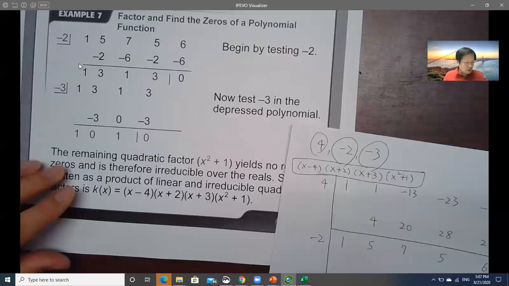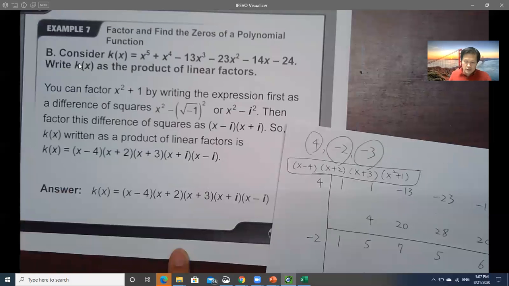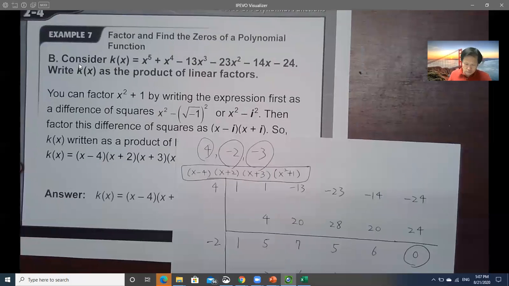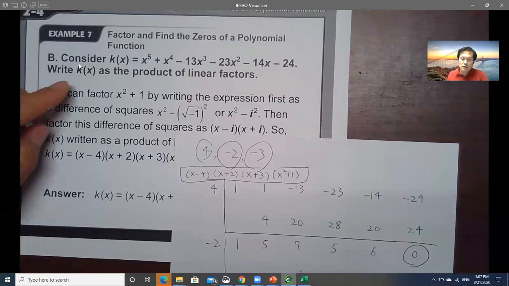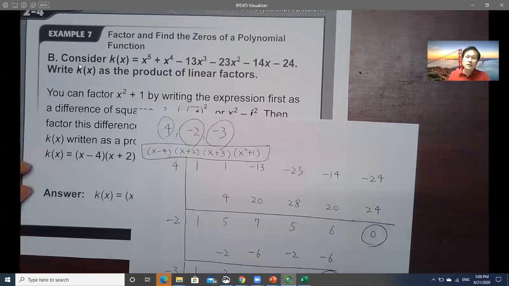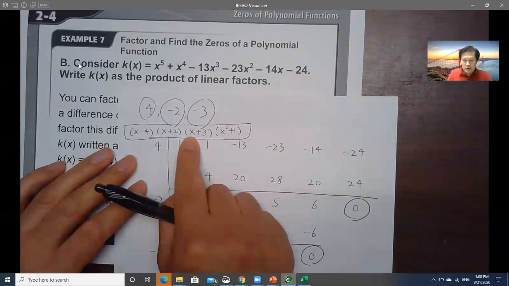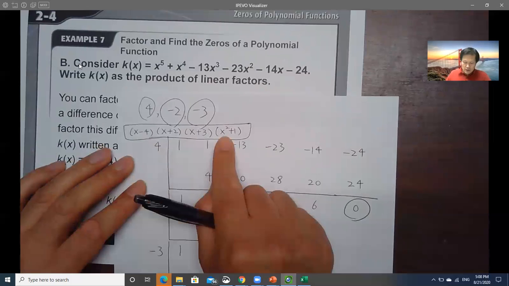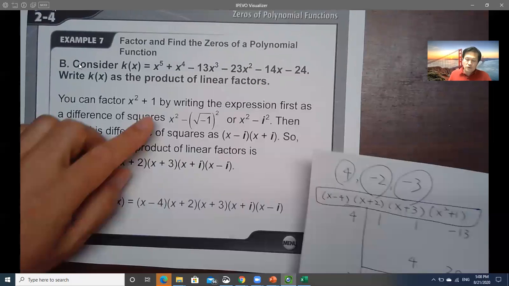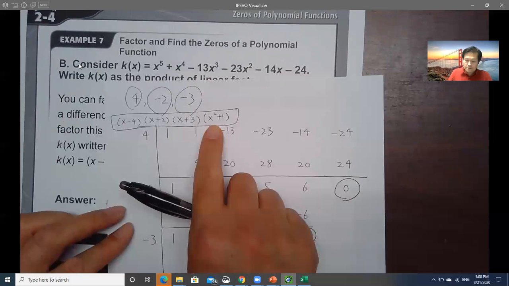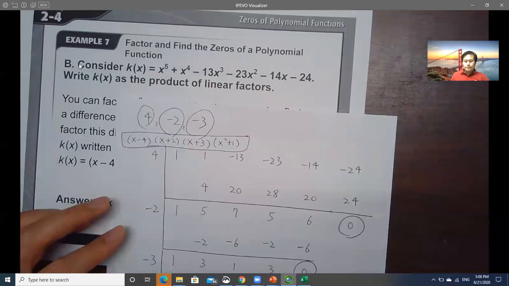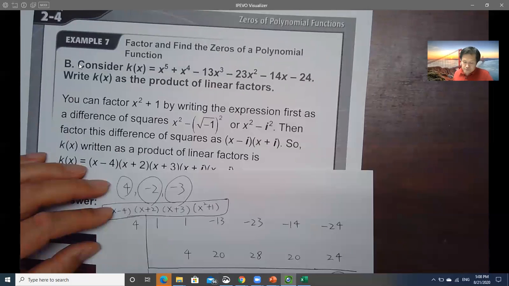Okay, now the following question says, write that as linear factors. The factors we got were all linear except x squared plus 1. So when they ask you for linear factors, you actually have to split this further. Here's what you can do.